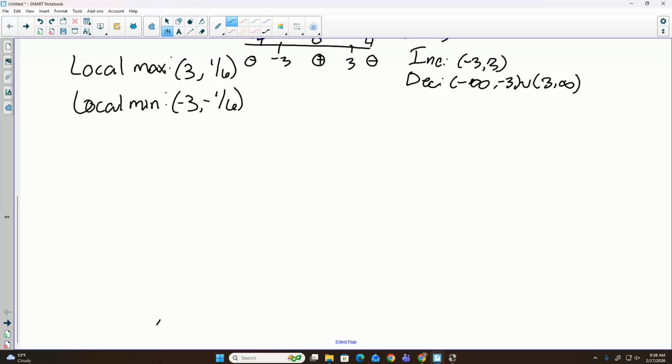Then inflection points. You're going to get your second derivative. So we're doing the quotient rule again, low D high minus high D low. You have to do the chain rule within that.